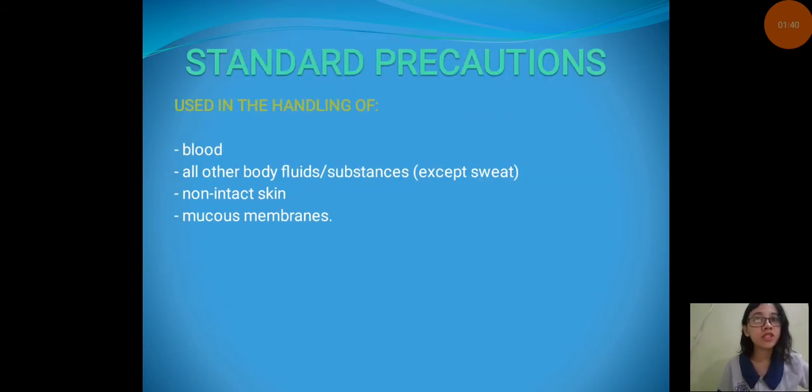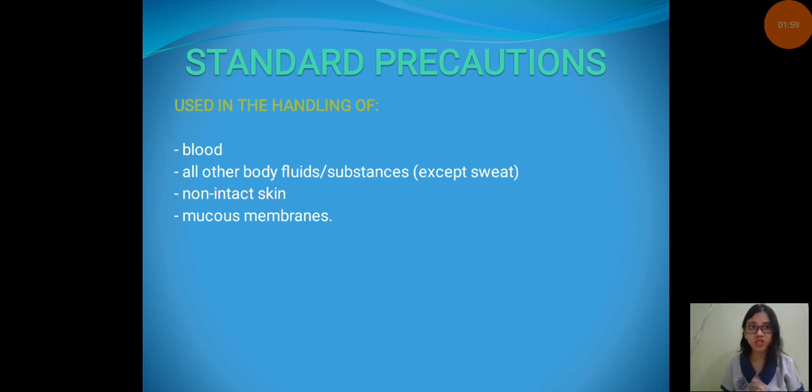So let's first tackle the standard precautions. All people potentially harbor infectious microorganisms. As such, it must be assumed that all blood and body fluids or substances are potentially infectious.